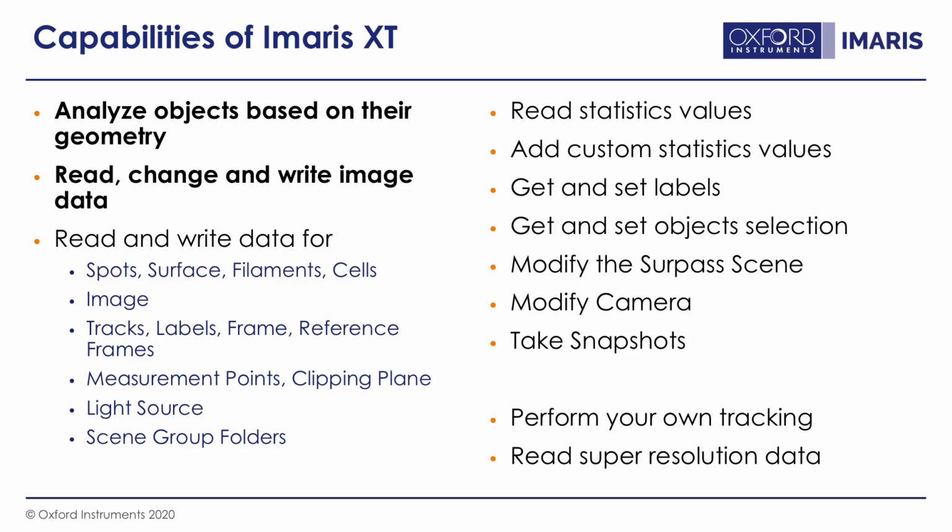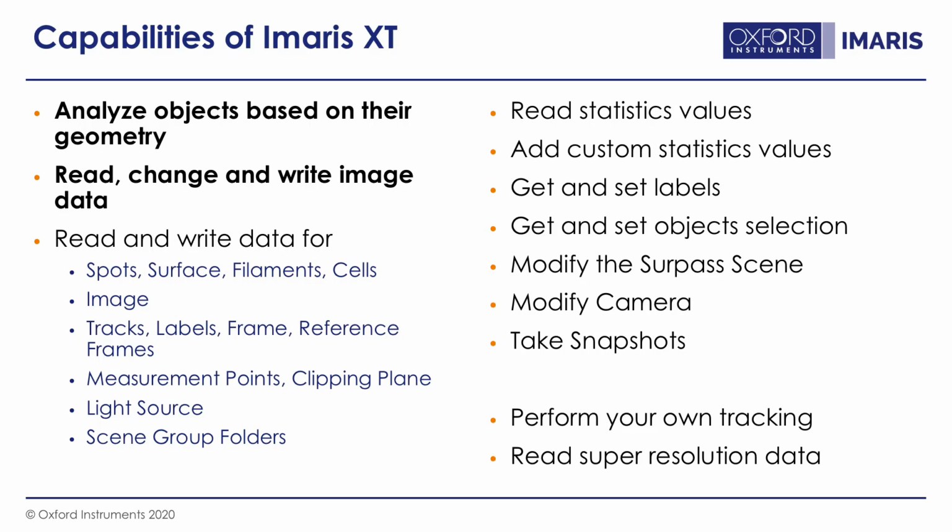To get into some more detail, you can read and write data for the surpass components, spot, surface, filaments, and cells. Then the image, as mentioned. Then you can do tracks, labels. You can use the frame. You can modify the frame object. You can use reference frames, measurement points, clipping planes, the light source, the scene group folders.